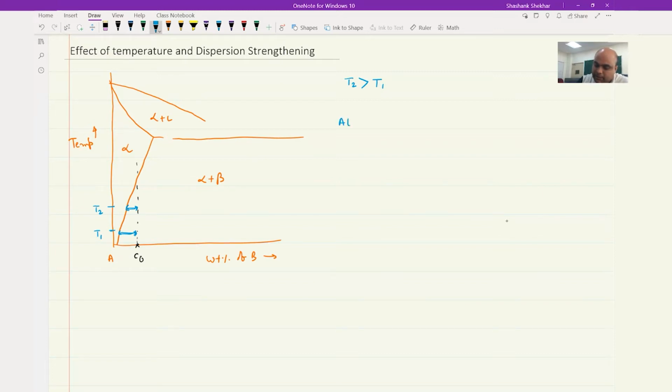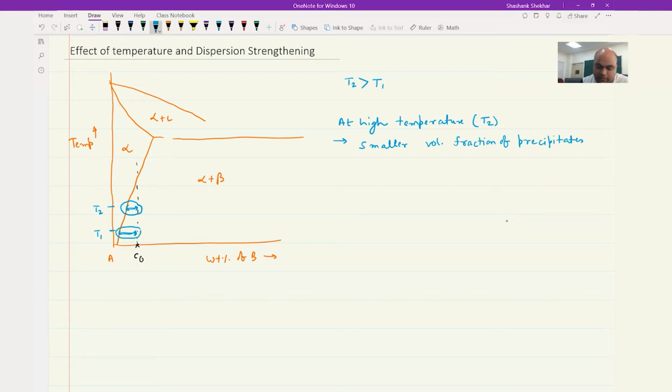So at high temperature, in this case T2, what you are going to see is a smaller volume fraction of precipitates. You can see here at T2 you have a very small volume fraction compared to temperature T1.